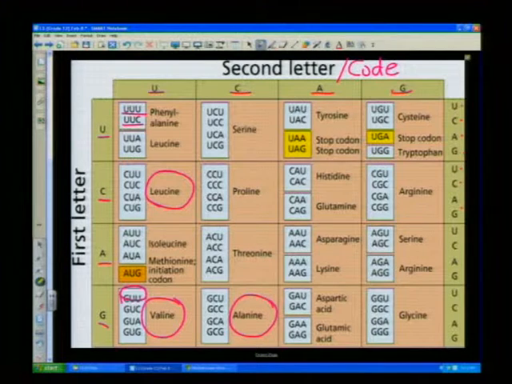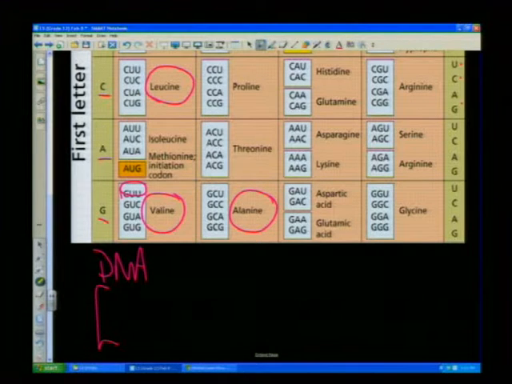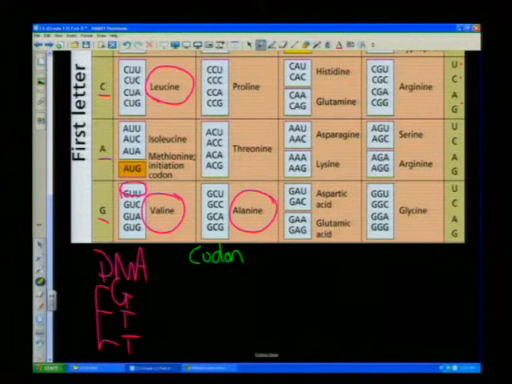Then you know what was on the DNA template. If it was GUU, it is going to be GTT. Okay, for valine. Your anticodon, your codon, which is carried by your messenger RNA.